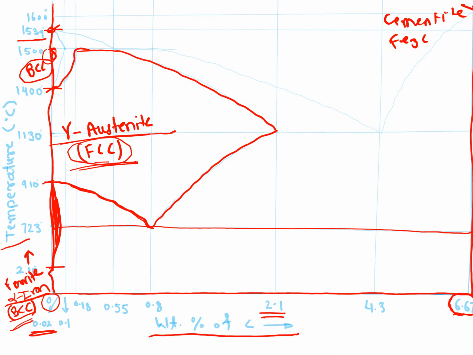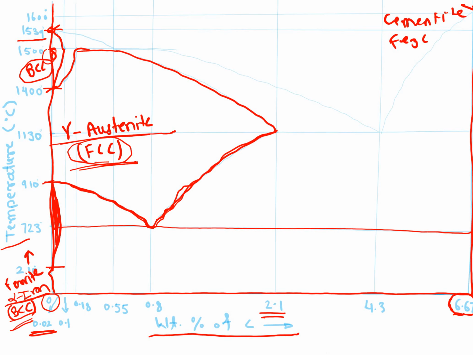Then again, as the carbon percentage increases, the transformation temperature also increases. Now next comes the delta ferrite, this region.